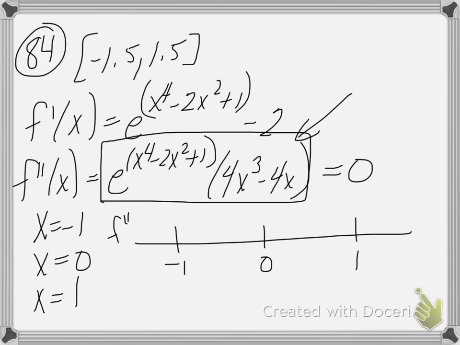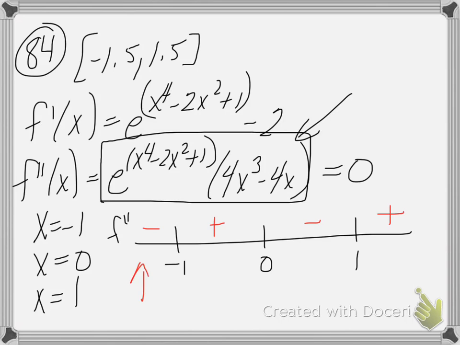And when you do, you should get these signs: negative, positive, negative, positive. So you're looking for when it is concave down, and the function is concave down when the second derivative is less than 0.